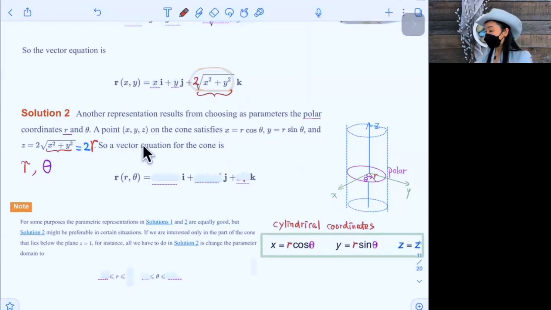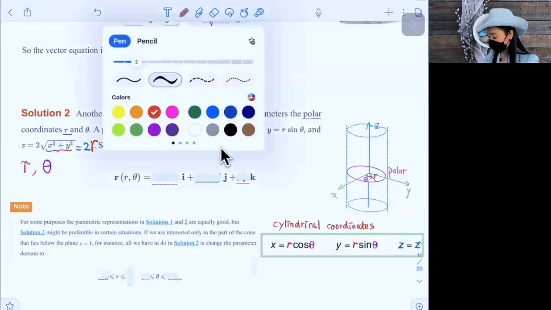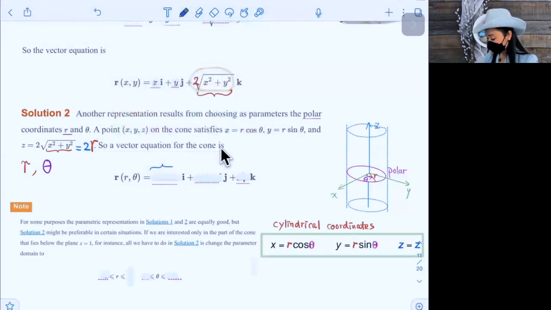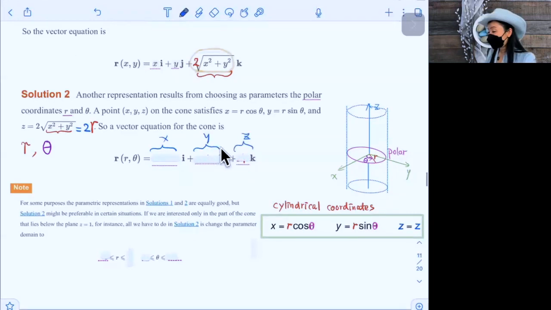So a vector equation for the cone is what? The first one here is for the x, this is for the y, and this is for the z. Now we can put the components in. x is what, in terms of r and theta?